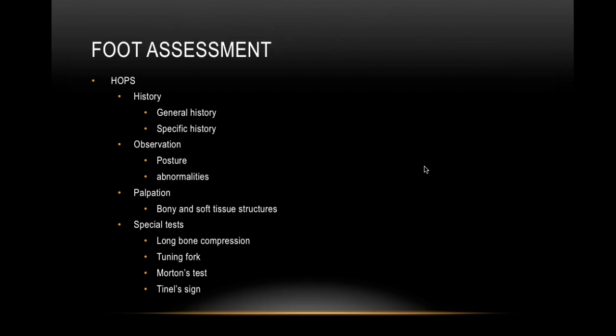For the observation portion of your injury evaluation, it actually occurs throughout the whole injury evaluation process. If you're an athletic trainer or if you're in that field, a lot of the times you'll be able to observe the injury actually occur.